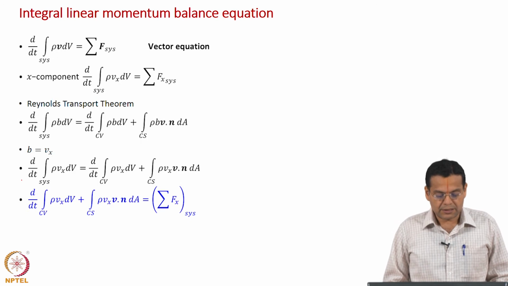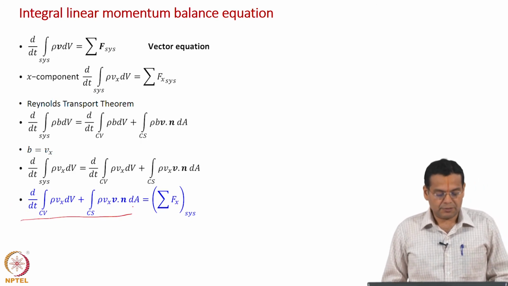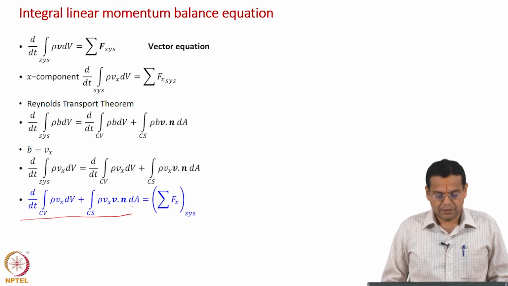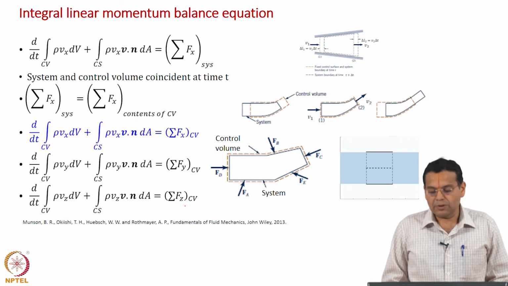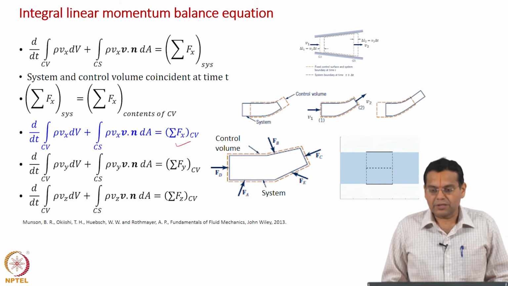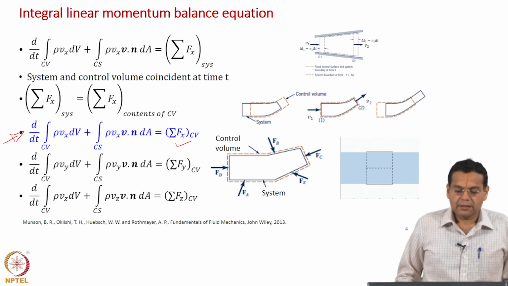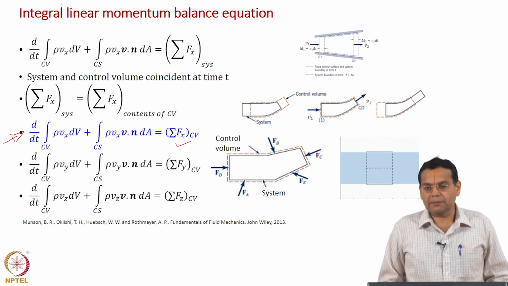We applied the Reynolds transport theorem. So, the left hand side was expressed in terms of a transient term and a convection term for the control volume. The right hand side was still in terms of the system. We took a coincident system and control volume, so the right hand side became that for the control volume, and that is the integral form of the linear momentum balance equation.